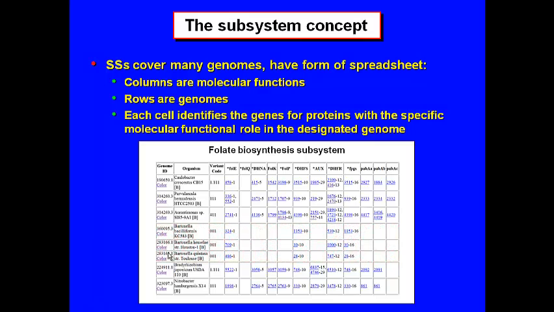So let's go back and look at these Bartonella genomes. What can you tell me by looking at that pattern? Well, what's the first thing that strikes you about Bartonellas compared to the others? There's a lot of gaps, yeah, and a lot of genes are missing. Well, when you look at these with some detail, what you see missing from this folate biosynthesis pathway are almost all the genes required for de novo synthesis of folate.